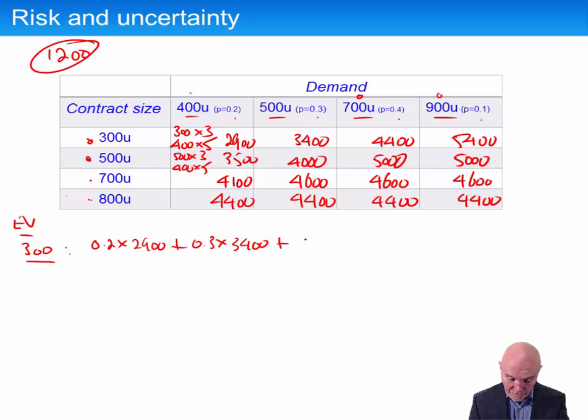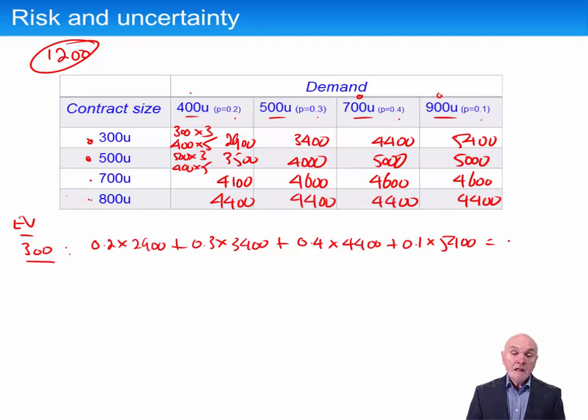On 4 out of every 10 weeks we're going to get 4,400, and on 1 out of every 10 weeks we're going to get 5,400. And if you work that out, it comes out to 3,900.